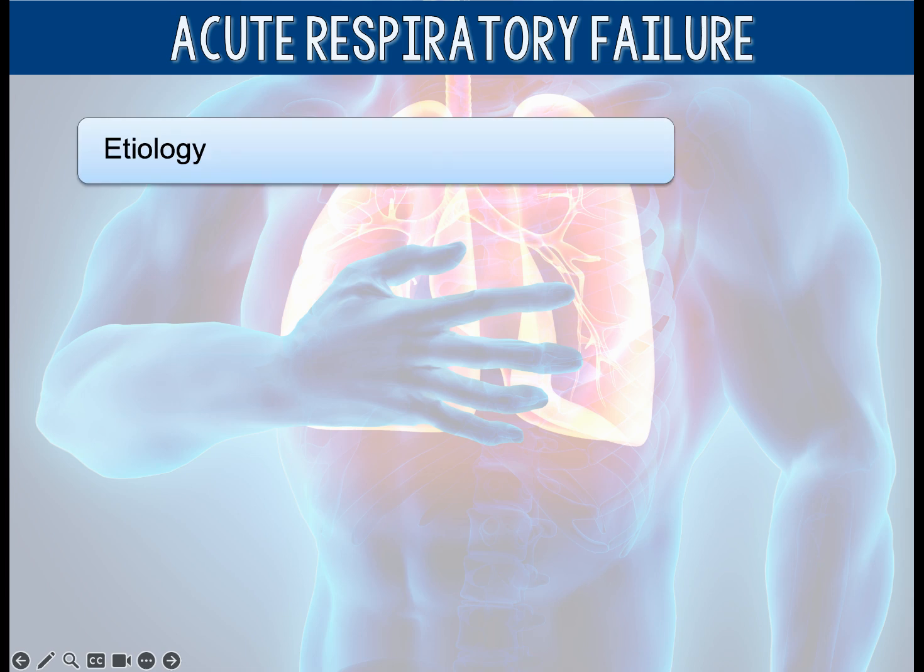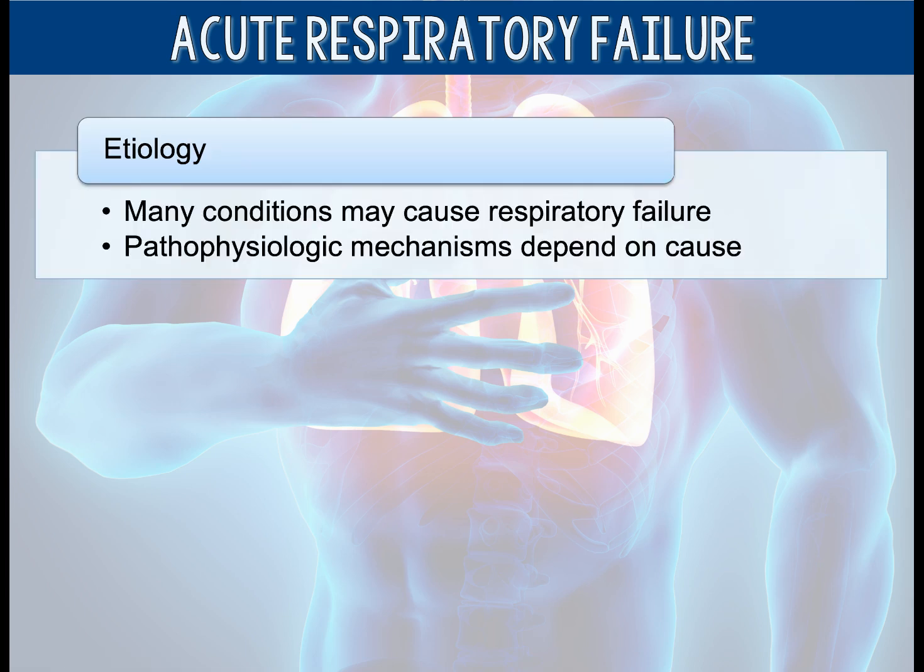Okay. Acute respiratory failure. How does this happen? Well, acute respiratory failure is a state of disturbed gas exchange that results in abnormal blood gas values. So you will see a PaO2 value that's less than 60 millimeters of mercury.